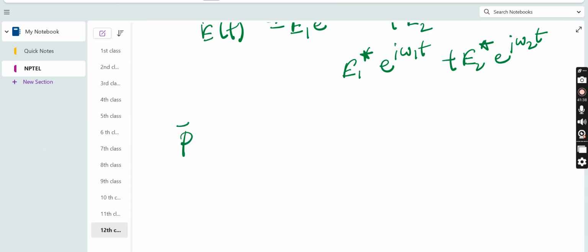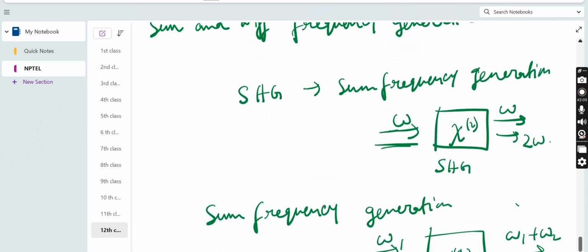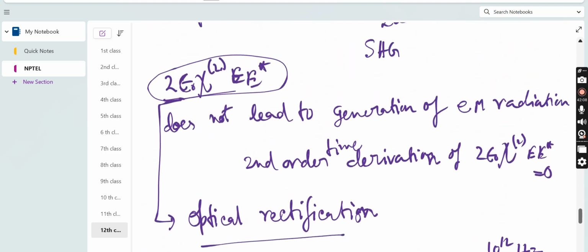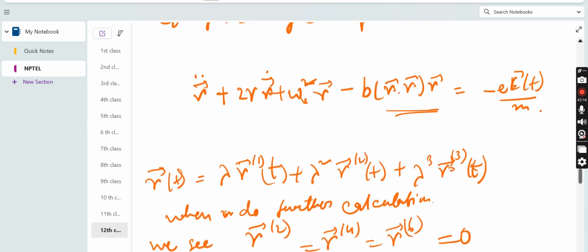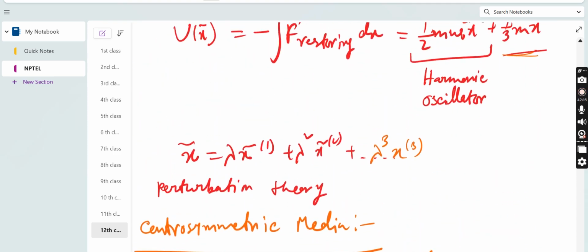So the second order polarization of the whole polarization. Always remember, when we are talking about the nonlinear polarization, linear polarization is already happening. It's not that when nonlinear polarization happens there is no linear polarization contribution. The linear part will be there, and along with that there will be a second order nonlinear part.